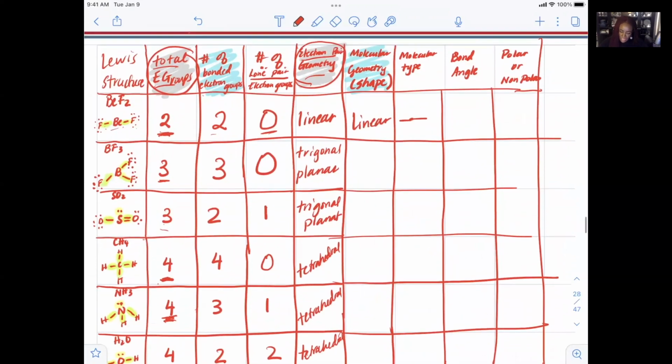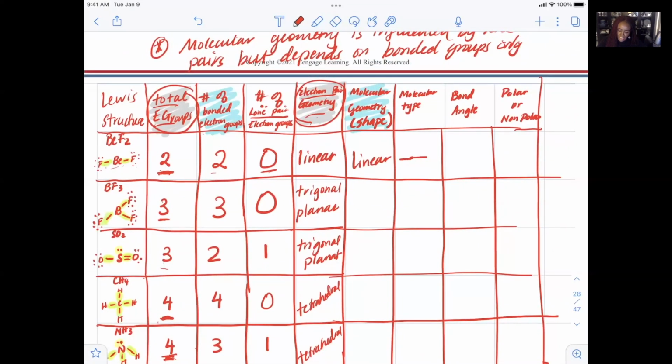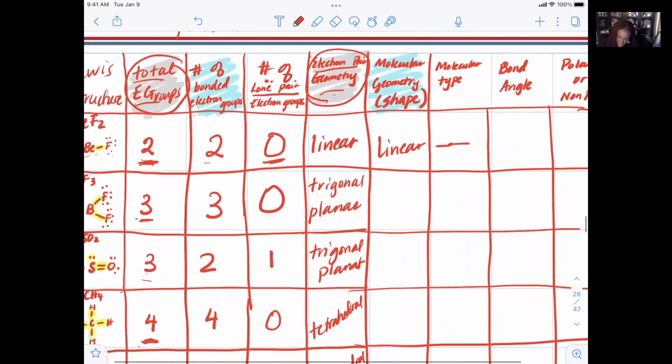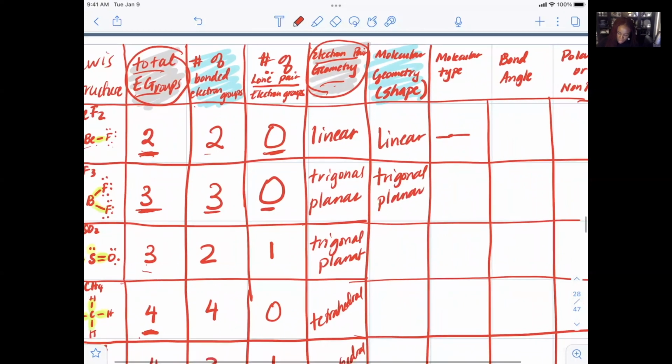Please notice, the electron pair geometry matches the molecular geometry as long as we have 0 lone pairs on the central atom, okay? So I can say here, we have 3 electron groups, all 3 are bonds, so this is going to be trigonal planar. Same name as the electron pair geometry. Why? We have 0 lone pairs.